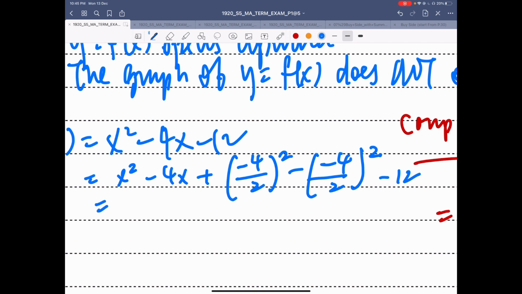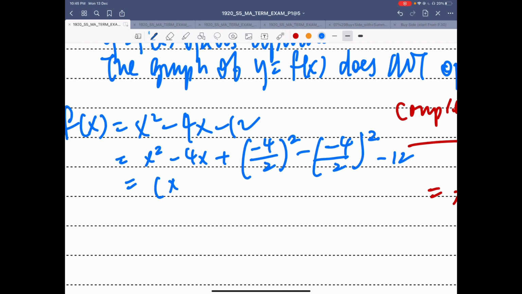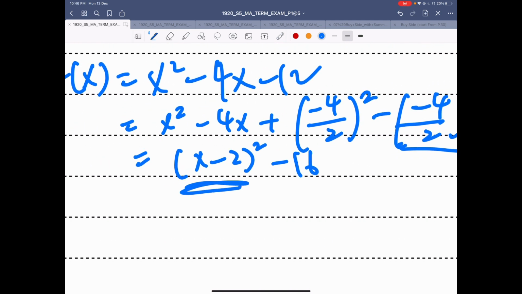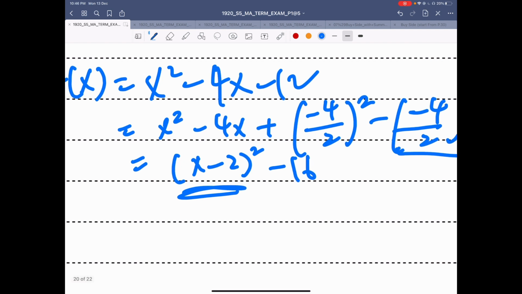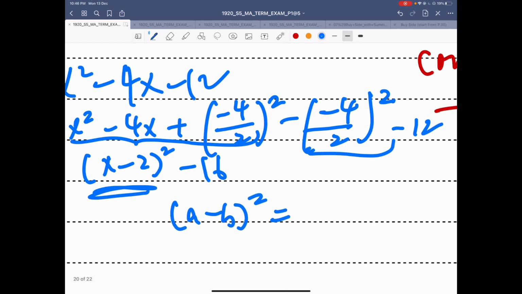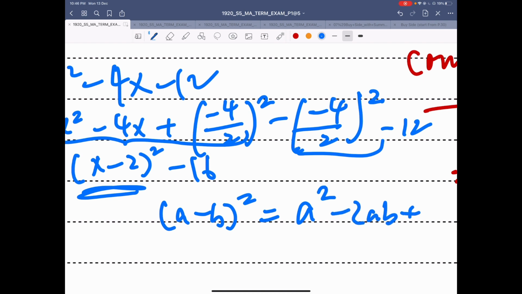Then you will arrive at the conclusion that (x minus 2) squared minus 4, so minus 16, right? You may wonder how you can obtain this. Well, you can observe the format that (a minus b) squared equals a squared minus 2ab plus b squared.